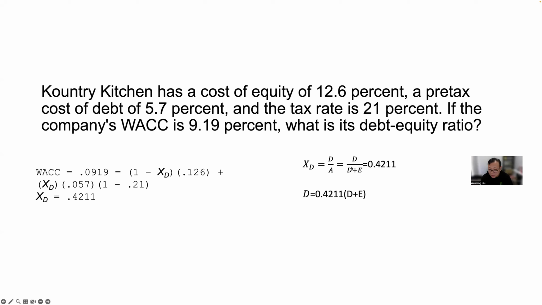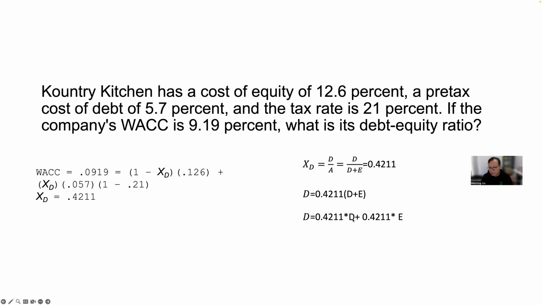Then I multiply D plus E on both sides, so only D is left on the left side, and 0.4211 times D plus E. Now I break the bracket, so there is 0.4211 in front of D plus the same number in front of E.